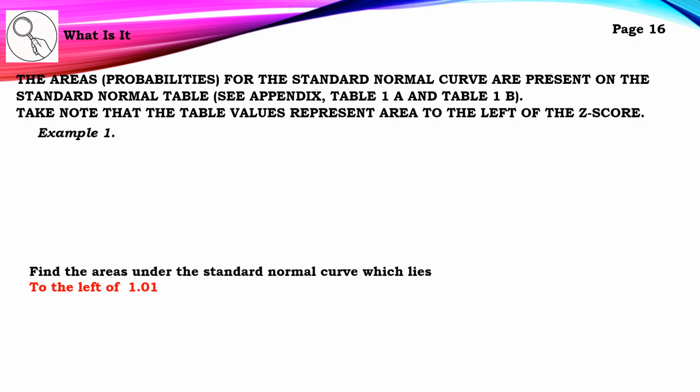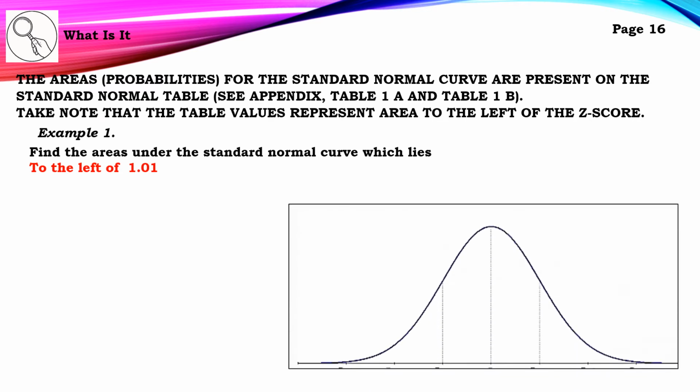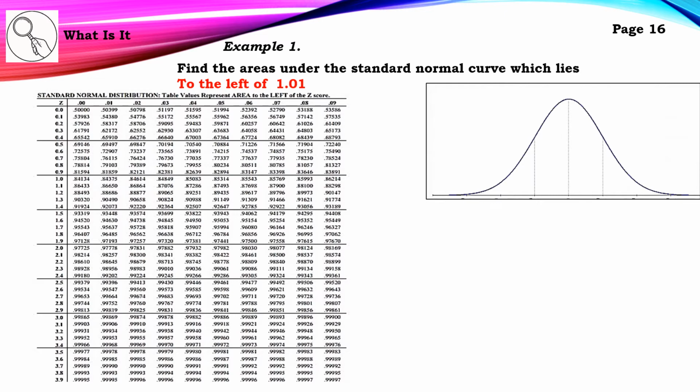Example number 1. Find the area under the standard normal curve which lies to the left of 1.01. So we will use the standard normal curve and also the z-table. The situation here is to the left of 1.01. First step is to locate 1.01 under the normal curve.